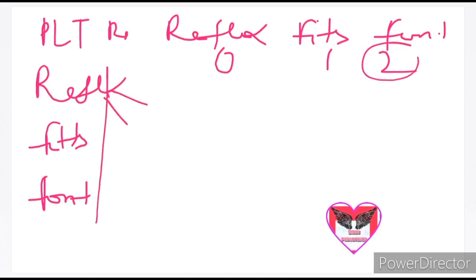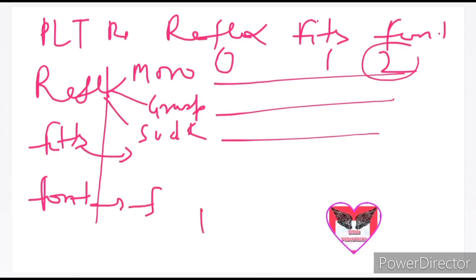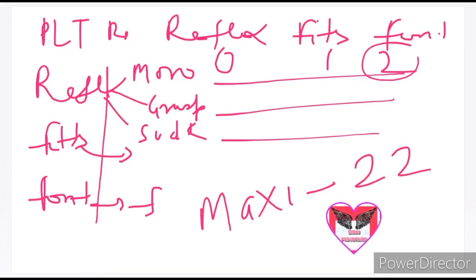Reflex we have three: Moro, grasp, and the other is suck. Here the maximum is 2 points. Fits, and the last one is fontanelle. The maximum total score is 22. If the score is more than 15, then the outcome is very poor.